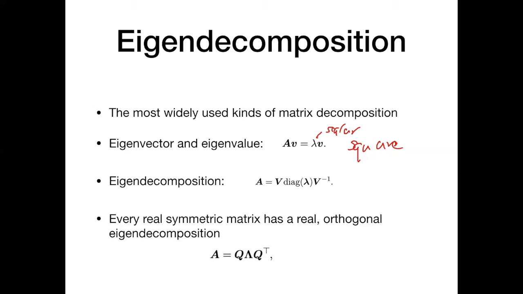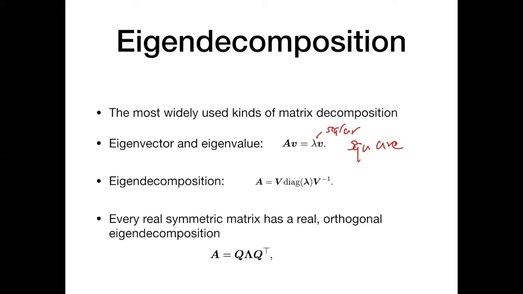In some cases, the decomposition exists, but may involve complex rather than real numbers, which is not a very good thing. But fortunately, in this book, we usually decompose only a specific class of matrices that have a very simple decomposition. Specifically, every real symmetric matrix has a real orthogonal eigendecomposition, like this.